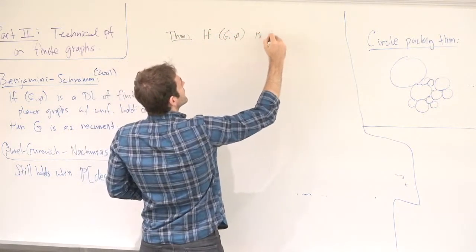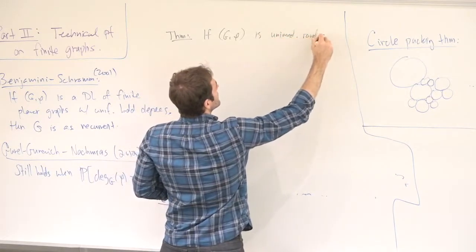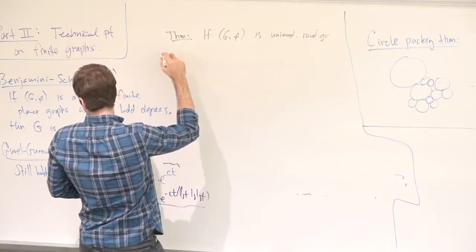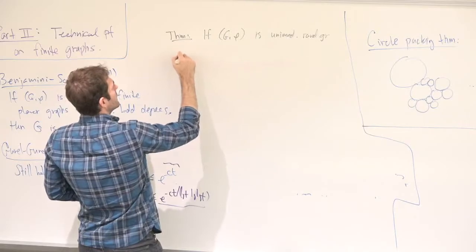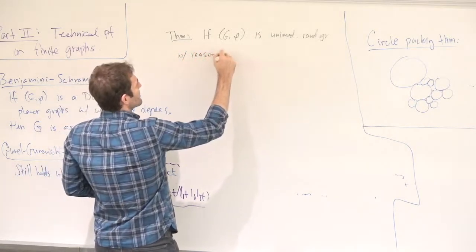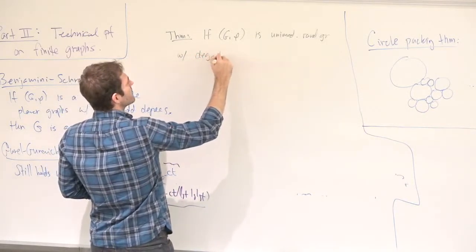If G rho is a unimodular random graph with reasonable, let's say, degree of the root being reasonable.